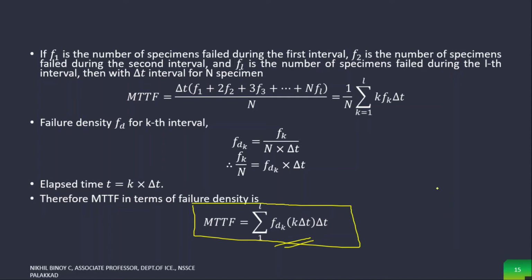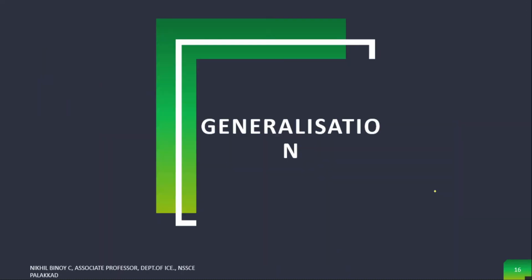Okay. So now, before going to the continuous relationship, we are going to consider the graphs of failure density, failure rate and reliability. I asked you to draw the graphs of failure density, failure rate and reliability of table 1. By using those graphs, we are going to generalize our relationship.